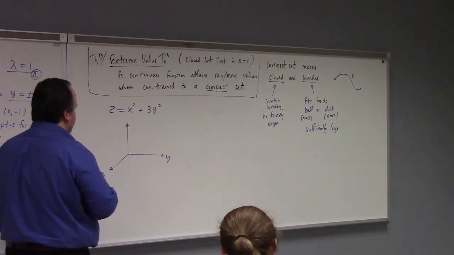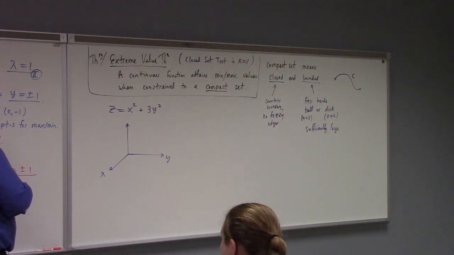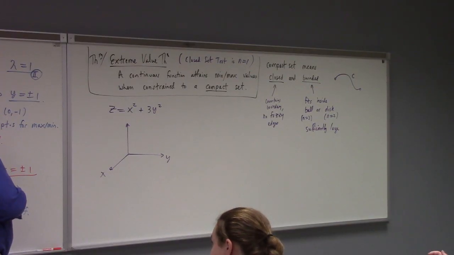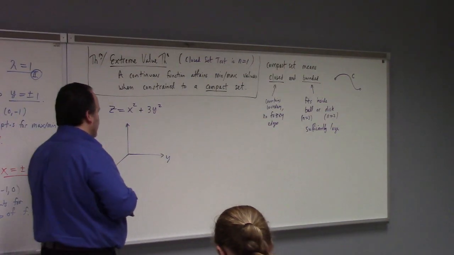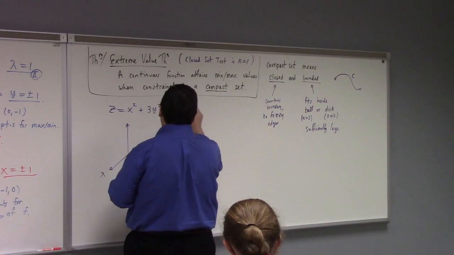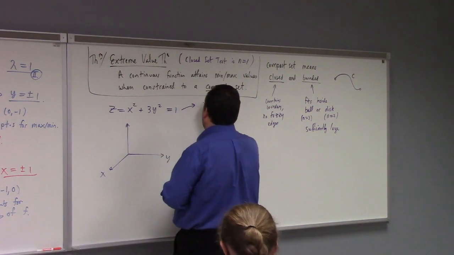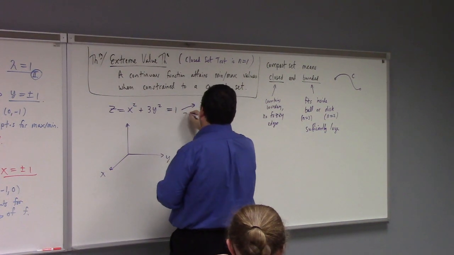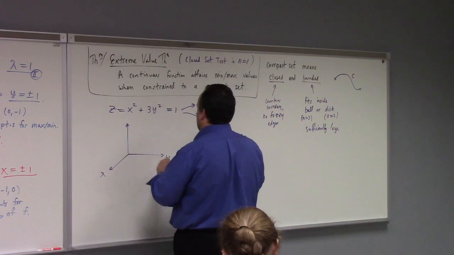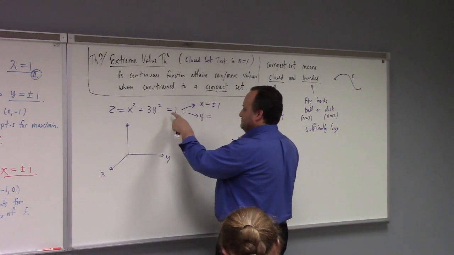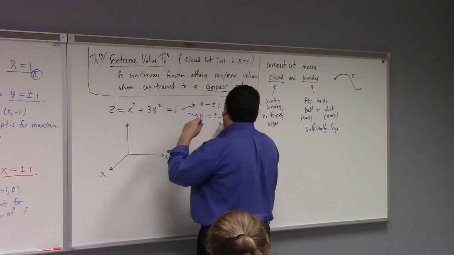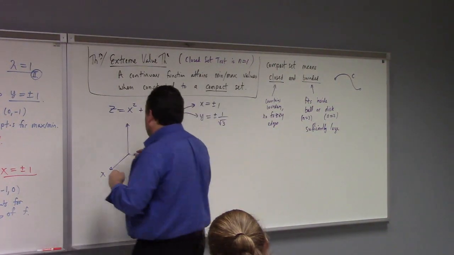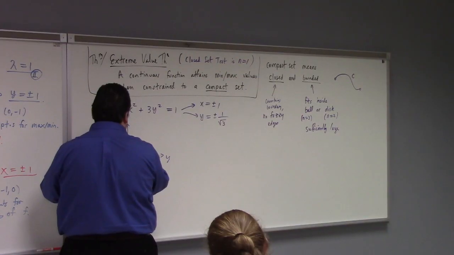I'm trying to think of, if I set that equal to 1, what do I get? I get x equal to plus or minus 1, and I get y equals plus or minus 1 over root 3. So that kind of helps me as I'm thinking about how to sketch this.